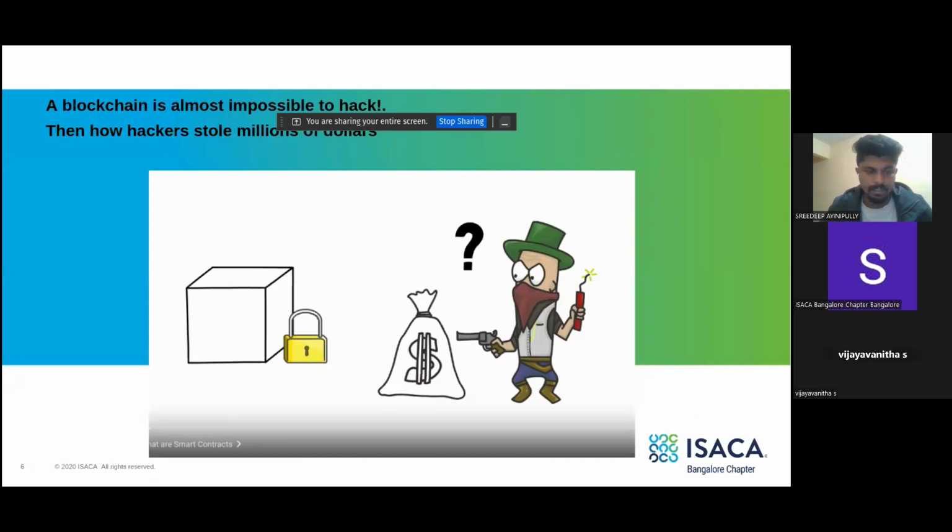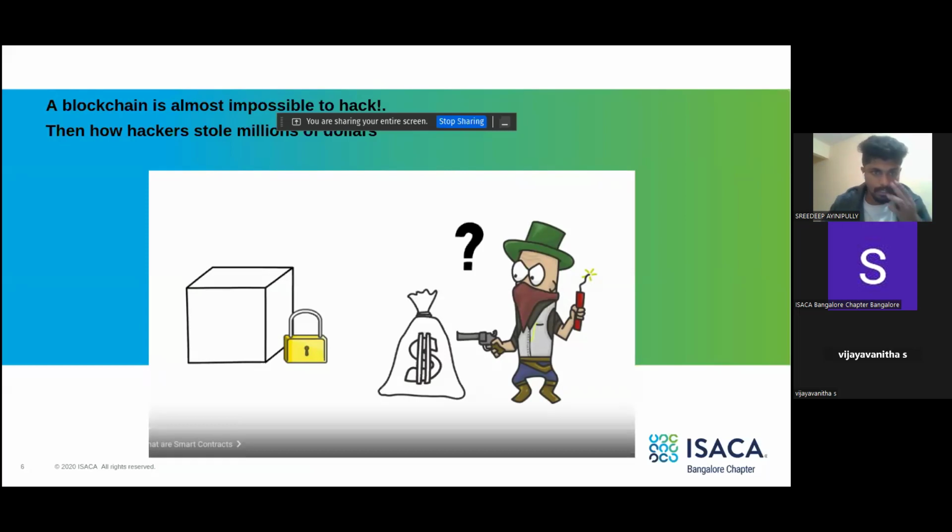A 51 percent attack is when an attacker holds more than 50 percent of the blockchain nodes, then he can manipulate some data. So there are vulnerabilities in blockchain technology as well, but theoretically it is okay, and practically it is very difficult to exploit such a huge technology.